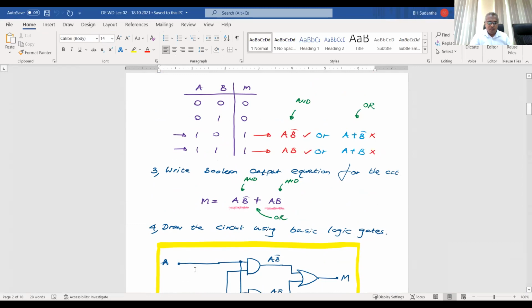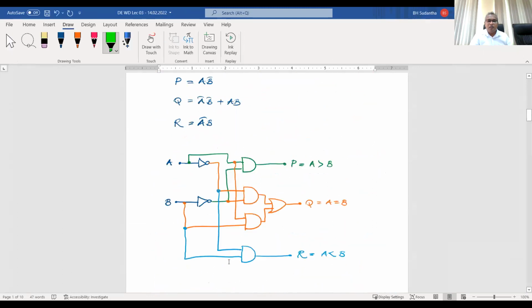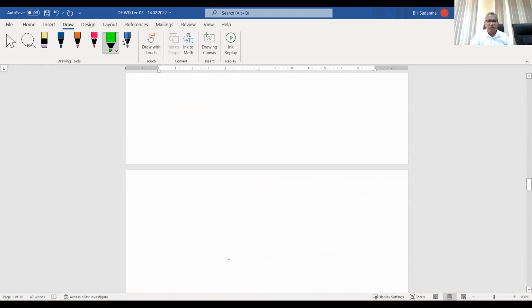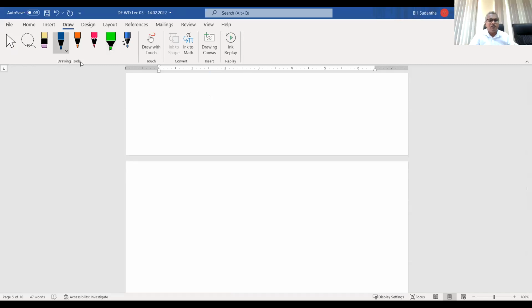Okay, shall we take this one? This equation is coming from the first question. M equals AB bar plus AB. Now using whatever theorems, laws or relationships, shall we try to rearrange this equation? How can we rearrange this one? Here you can see A is common.